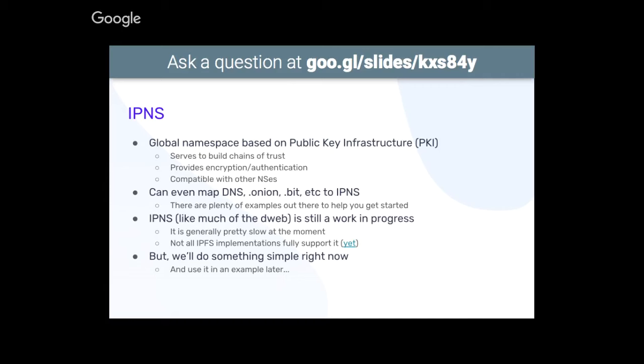And not all IPFS implementations, as we'll find out later today, including the JavaScript version, support it yet. Although there is a PR out there right now that should make it available in the JavaScript implementation in the next release. But it is usable in several contexts. So we're going to start with something simple using IPNS, and then we'll use it in our basic DApp, or decentralized app, example in a little bit.